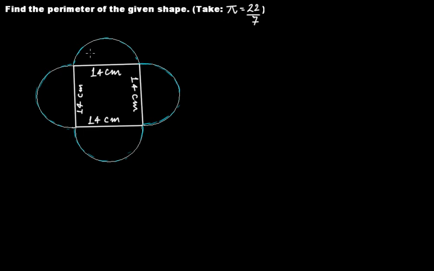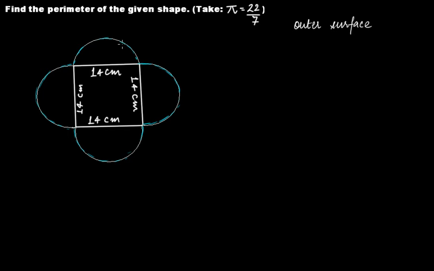Therefore, the perimeter will be the sum of all the circumferences of these semicircles, and we are not going to include the sides of this square for calculating perimeter, because perimeter always is calculated for the outer surface. So what's on the outer surface in this figure?